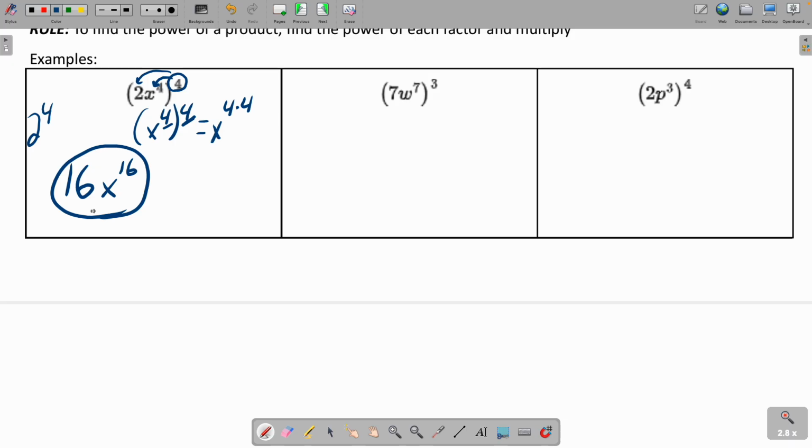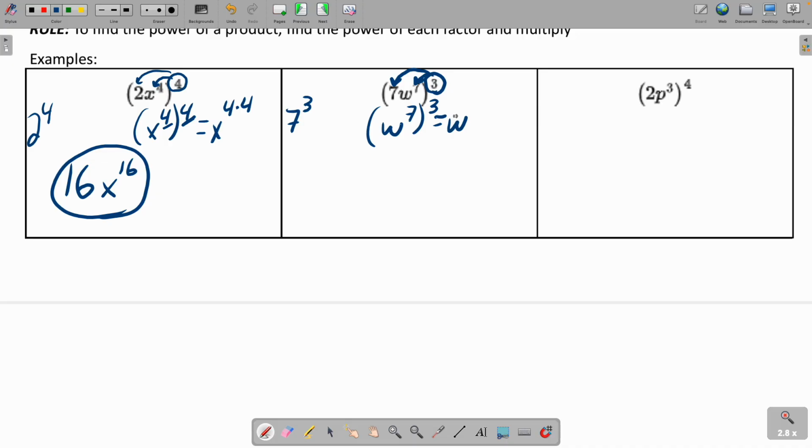So we're going to go ahead and practice that with this next one as well. So we have cubed, and we have to distribute that to everything on the inside here. So we're going to have 7 cubed, and then we'll also have w to the 7th being cubed. When I look at my w, since it's a power to a power, we have to multiply.